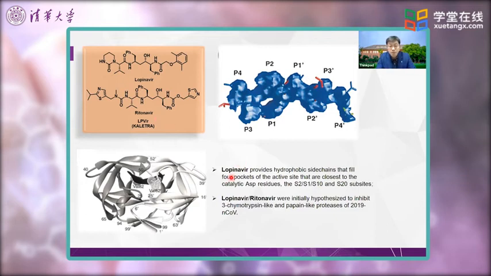The first drug, lopinavir, provides hydrophobic side chains which can fill four pockets of the active site that are closest to the catalytic ASP residue. And it was believed that those two compounds can inhibit the protease of coronavirus.